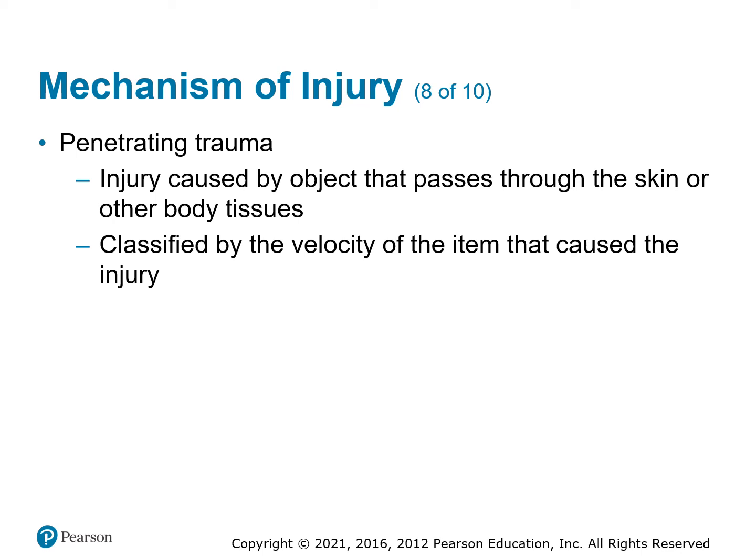Based on the velocity, the type of injury, and where the injury is located, hopefully, as you go through the assessment process, you'll be able to determine the injury patterns and what different organ systems may have been involved, so that you can predict, hey, this hit a crucial spot where I need to expect massive blood loss, or this hit a spot where I need to expect some breathing failure because the bullet went through the lung.